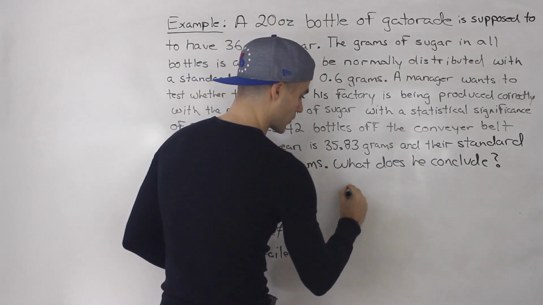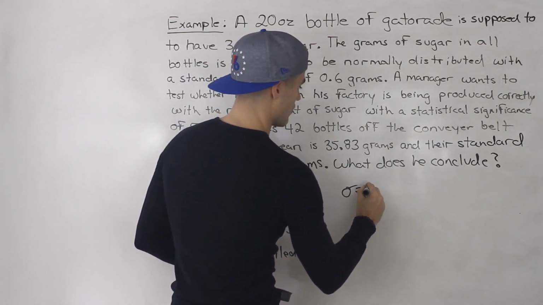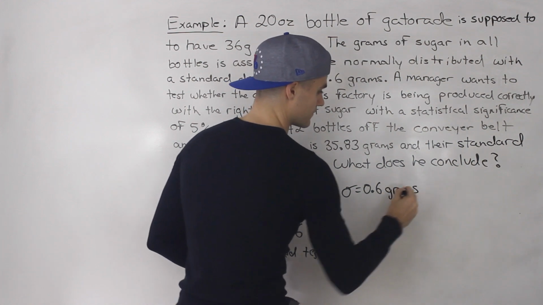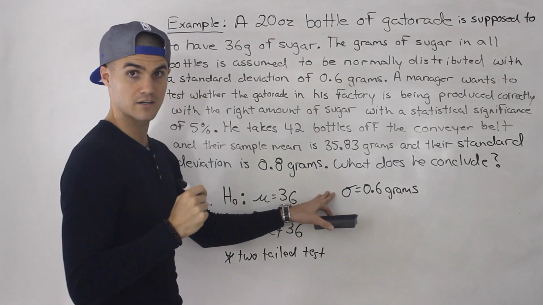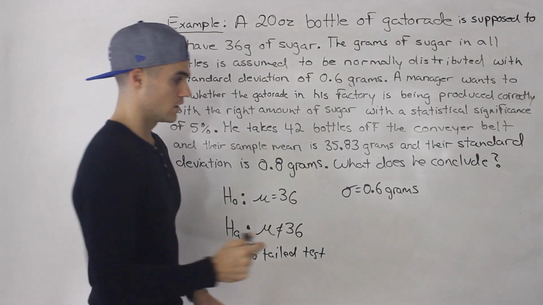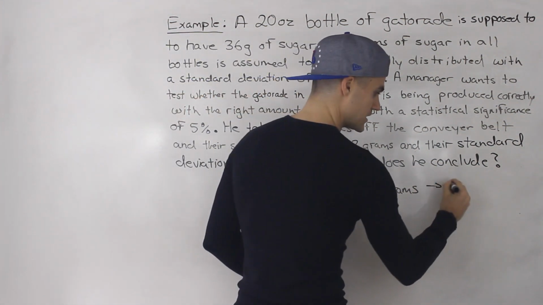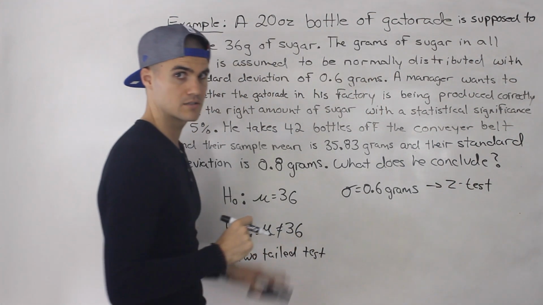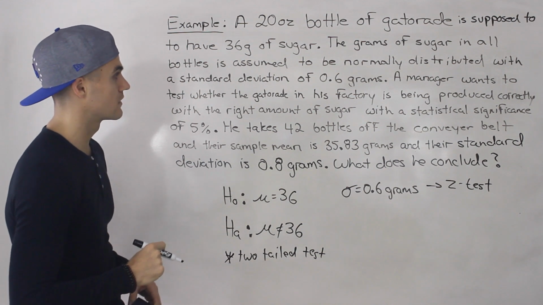And so notice that we're given the population standard deviation in this case. That's good information because, like the previous video, since this is given, we're going to be dealing with a z-test to do this hypothesis testing here.